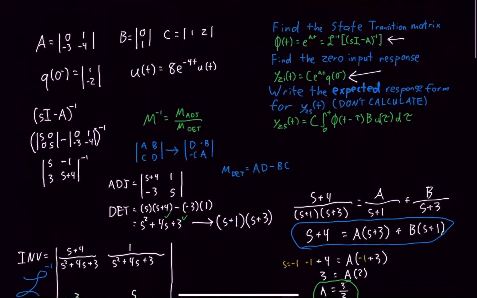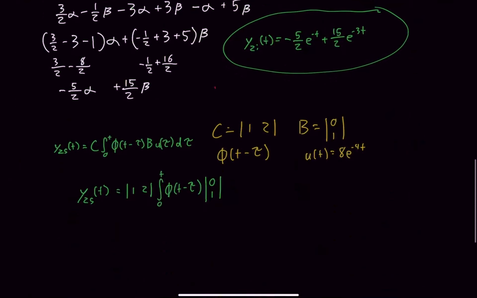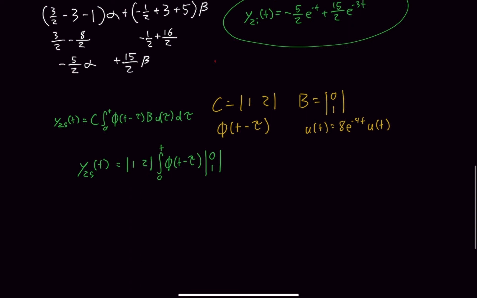We go back to the top. So I'm going to sub this in for u of tau: 8 e to the minus 4 tau, d tau.